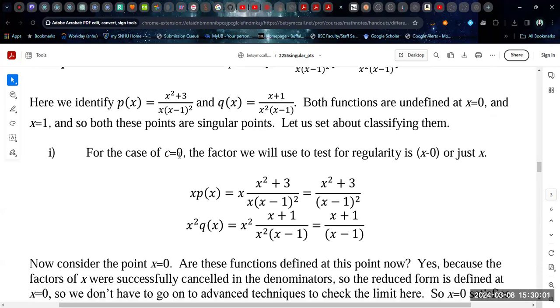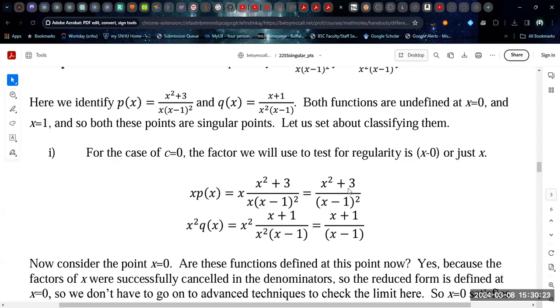So for the case of c equals 0, we're going to multiply p by x, and we're going to multiply q by x squared. When I do that multiplication, this x will cancel with this x, and it will disappear. Now if I take the limit of this expression, then there is a limit at 0.